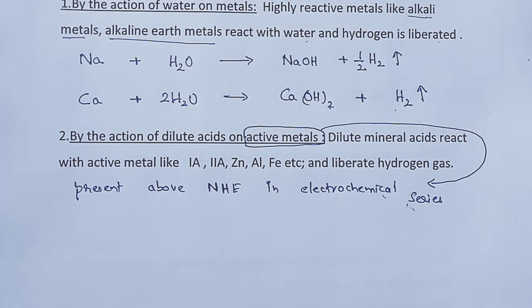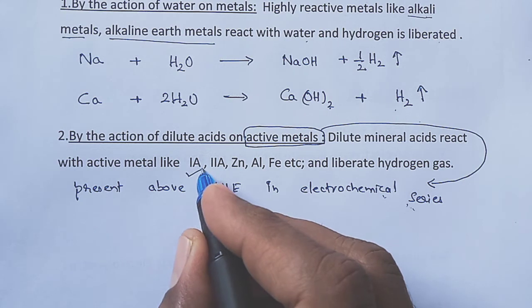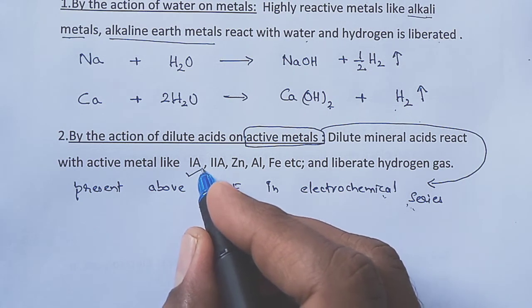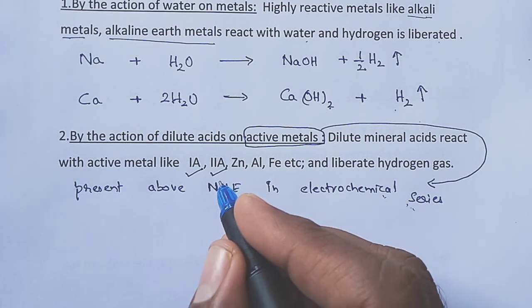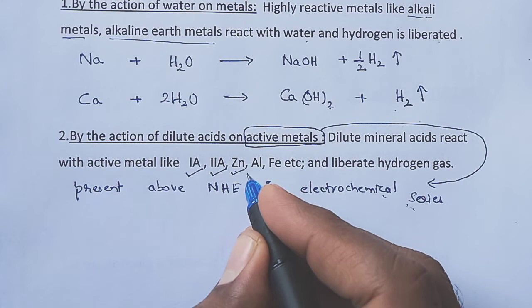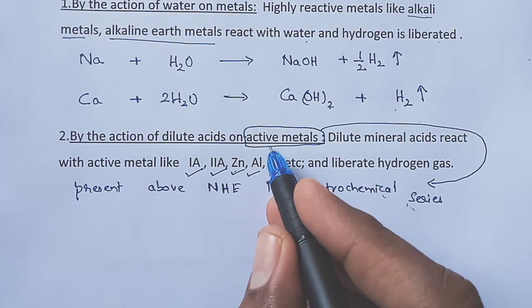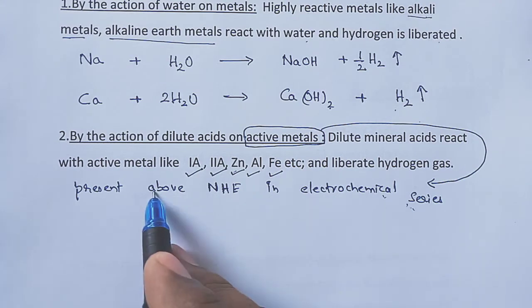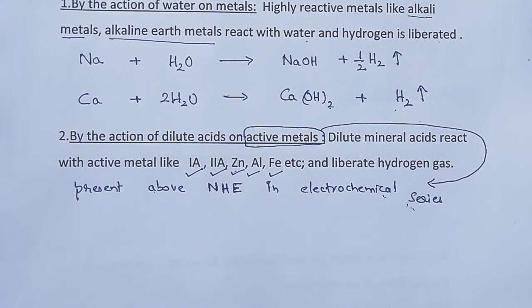Some examples of active metals are 1A group elements, that is lithium, sodium, potassium, rubidium, cesium, francium; 2A group elements, beryllium, magnesium, calcium, strontium, barium, radium; zinc, aluminium, iron, etc. All these are active metals. These are present above normal hydrogen electrode in electrochemical series.